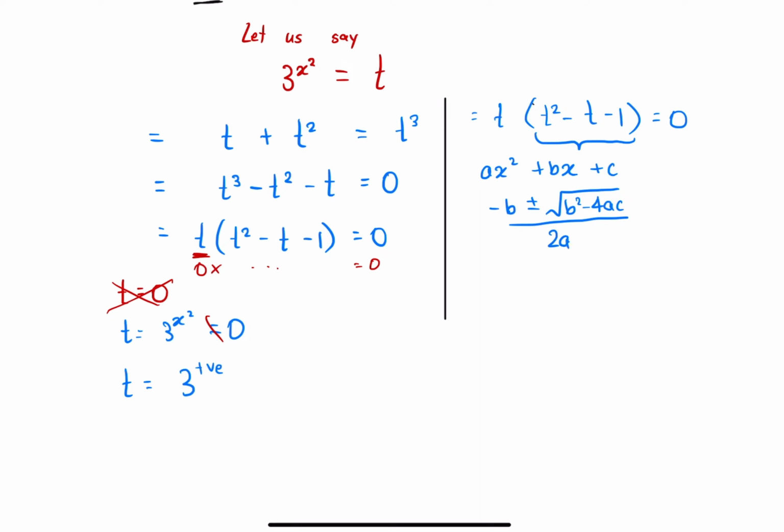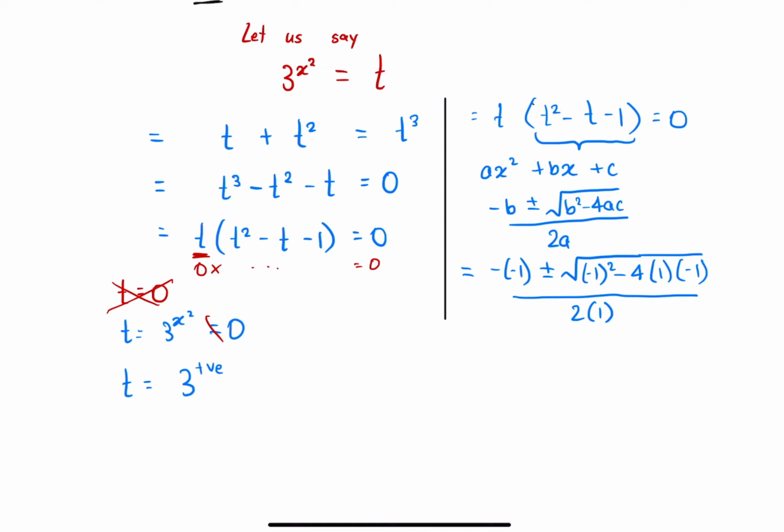So if we plug in the values for that equation, we'd have minus negative 1 plus or minus the square root of 1 squared minus 4 times 1 times negative 1, divided by 2 times 1.